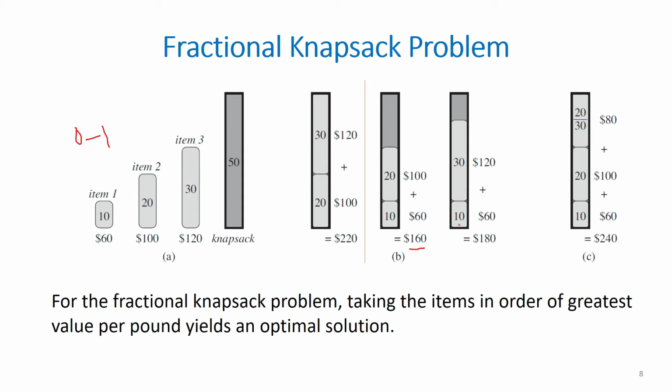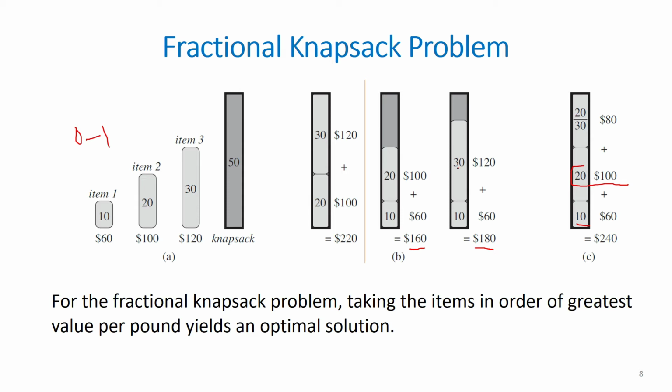Or if we take 10 kgs of item 1 and 30 kgs of item 3, it would give us a total of $180. But we can get more worth by taking item 1 entirely, which is 10 kgs, then taking item 2 entirely, which is $100, and taking 2/3 of item 3, that is taking 20 kg out of 30 kgs of item 3.